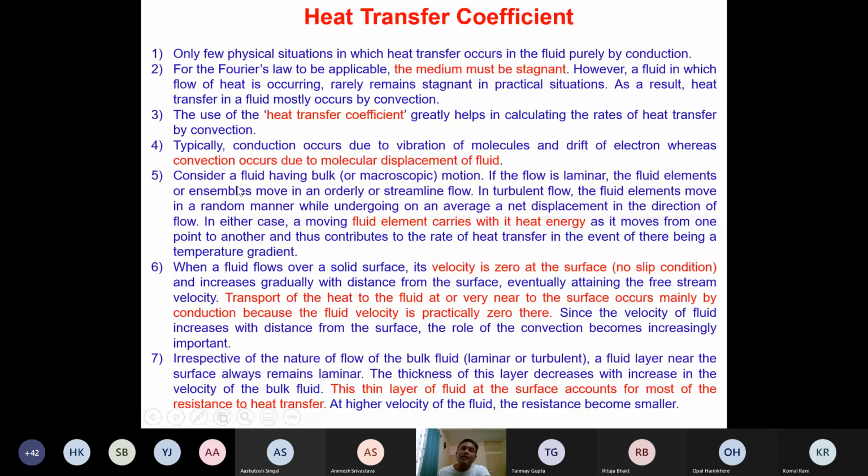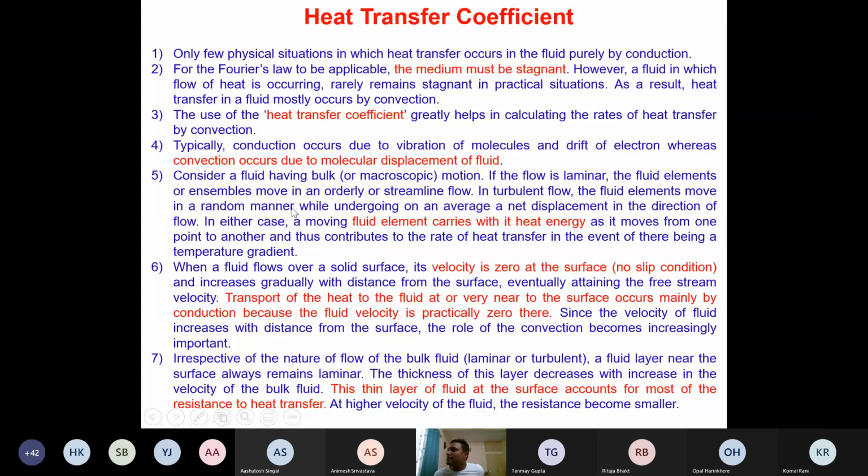Now, if you look at a fluid having a bulk or macroscopic motion, this could be a laminar flow or a turbulent flow. In a laminar flow, the fluid elements move in an orderly or streamlined manner. In a turbulent flow, the movement is more or less random.